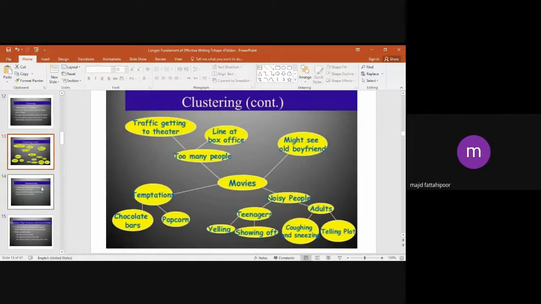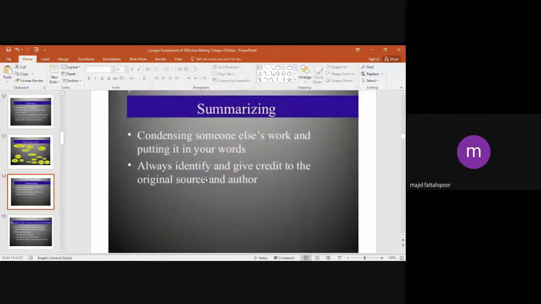So you give them credit, you give them reference, and condense their ideas. You don't need to cite the full paragraph. You just condense their idea and relate it to your own clustering, relate it to your own topic in your writing.